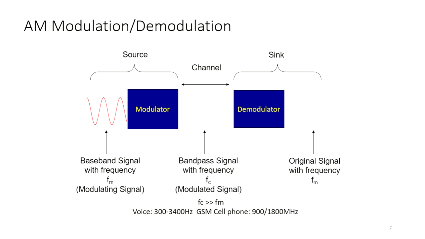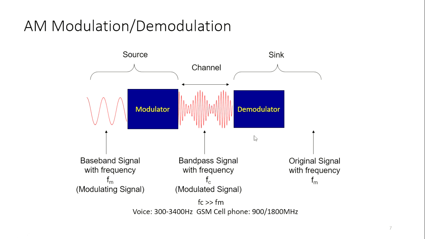The modulator combines the fm and fc signals and produces a bandpass signal with frequency fc. This is the amplitude modulated signal.